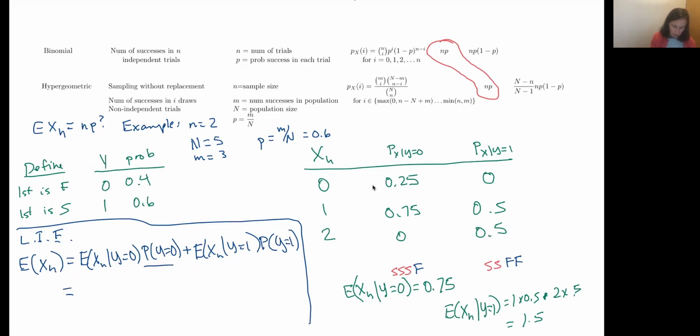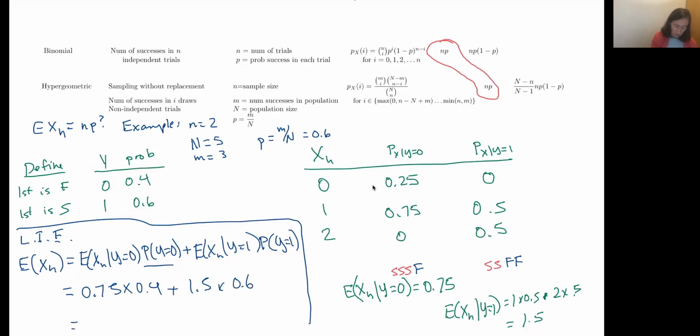Plugging in those numbers. So expected value of X conditional on y equals 0, that's 0.75 times the probability that we're in the world of y equals 0. Okay, that was 0.4, plus the expected value when y equals 1, 1.5, calculated that over here, times the probability that y equals 1, that is 0.6.